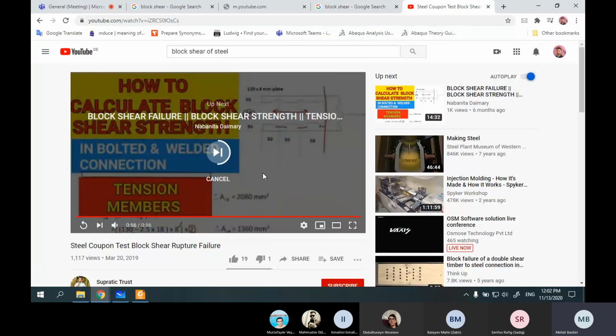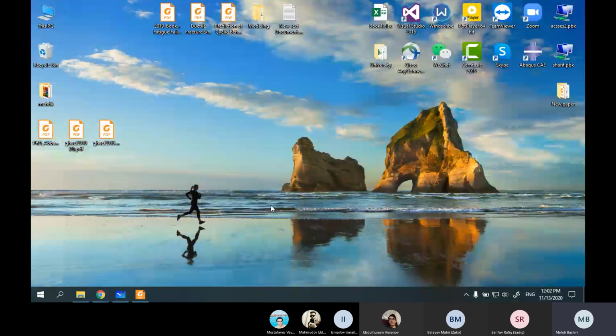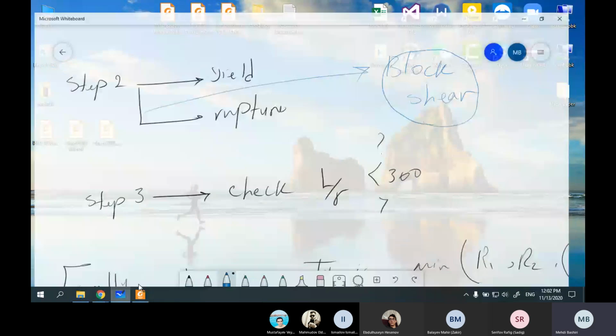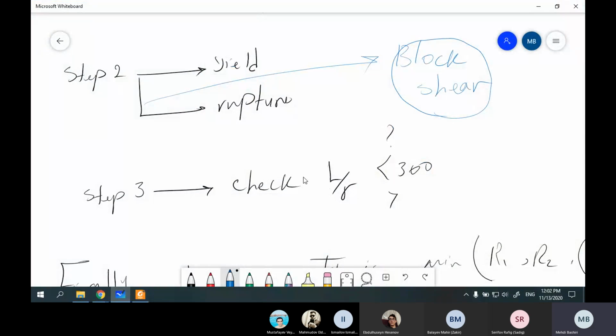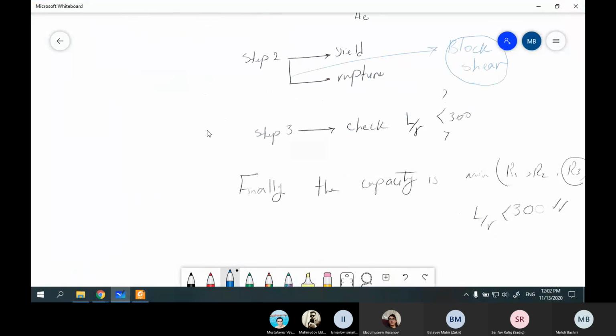I think the idea about block shear failure, the third failure criteria, is block shear.